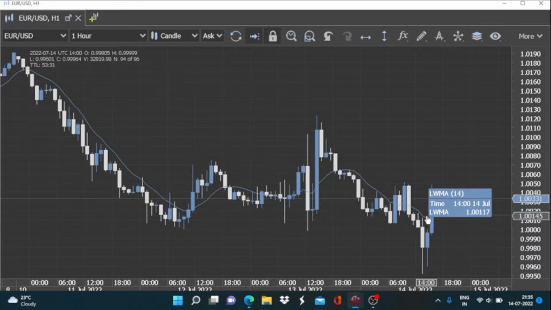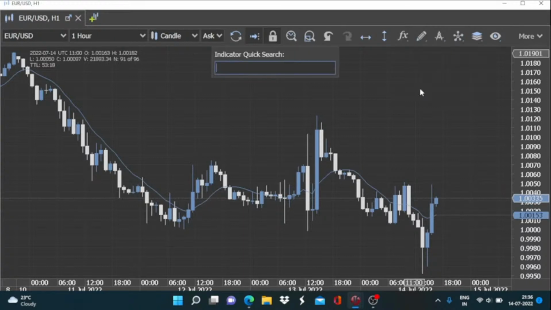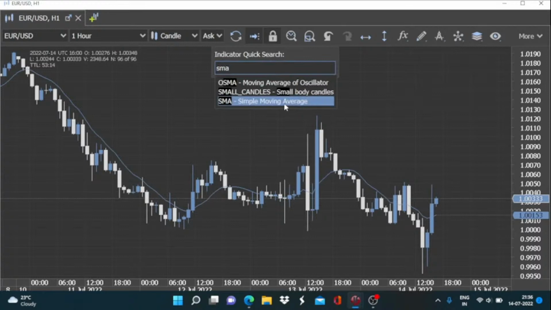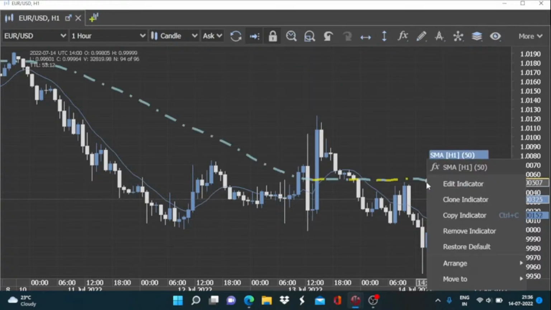It's quite simple, and this is being done simply to reduce the lag. If we compare it to the SMA or EMA, it is going to be a lot more responsive. This is the LWMA plotted on the 14 candle period. Now, if I plot the SMA of the same candle period, you will find it quite evident.